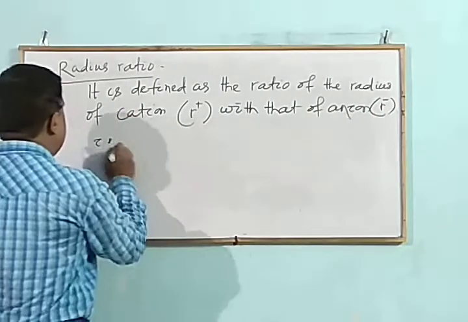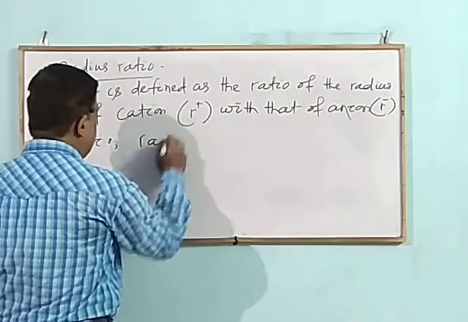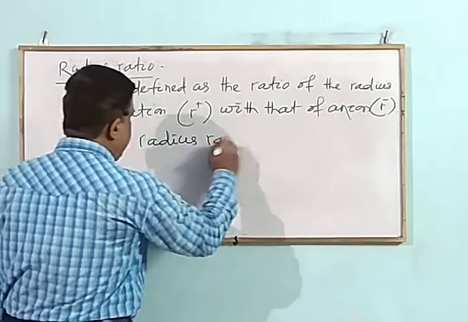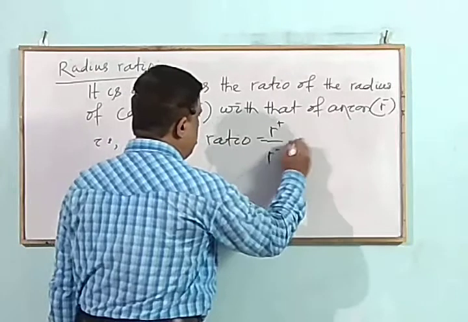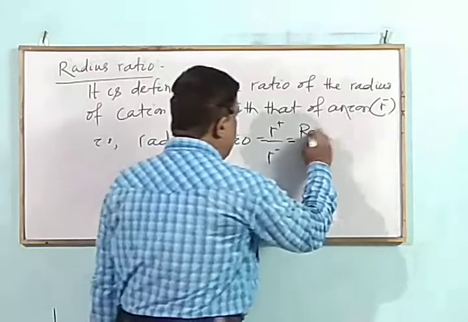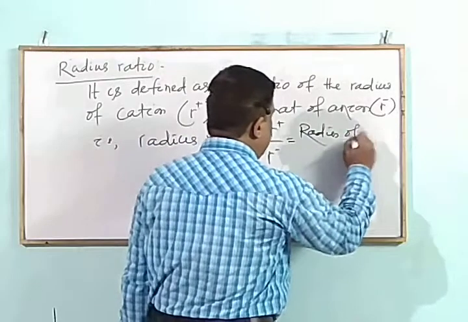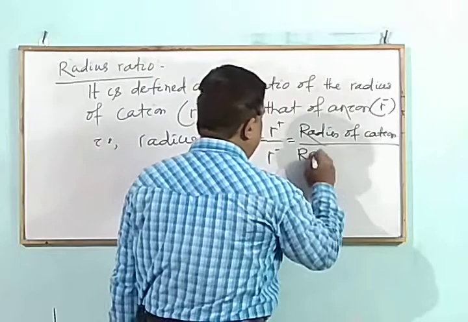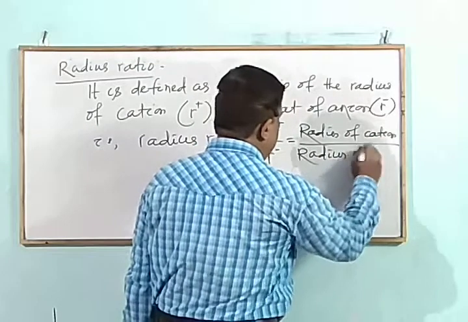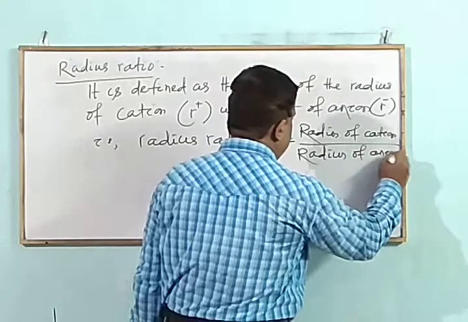That means radius ratio is equal to r plus by r minus, that means radius of cation divided by radius of anion.